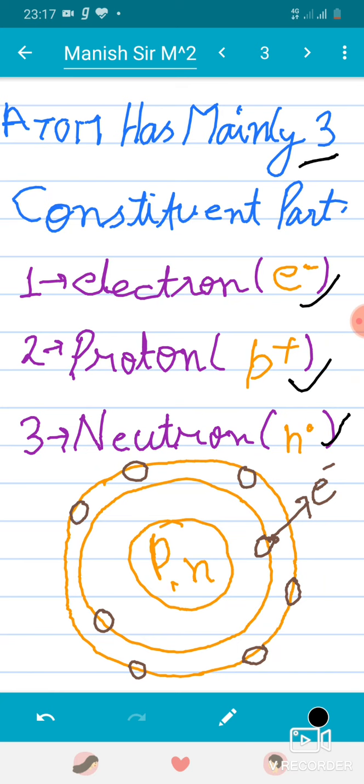an atom, of which the first is the electron. We represent it with a small e minus, and the positively charged particle is known as the proton. We represent it with p plus, and the neutron, with neutral charge, is represented with n.